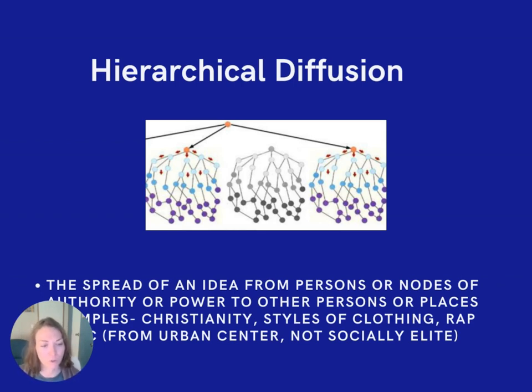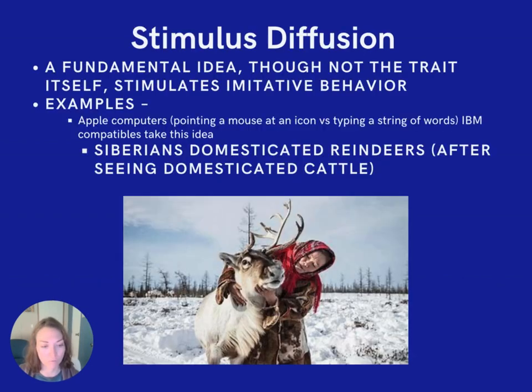You'll see the example of rap music as reverse hierarchical diffusion, just because it originated from urban centers and not the socially elite. So same concept in the pattern, but opposite as far as where it came from. Stimulus diffusion is that third type.